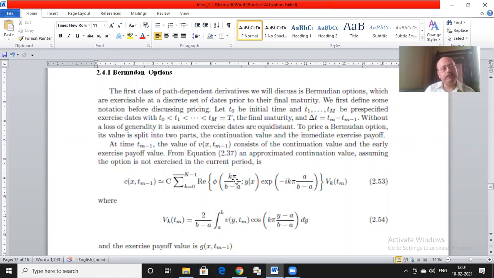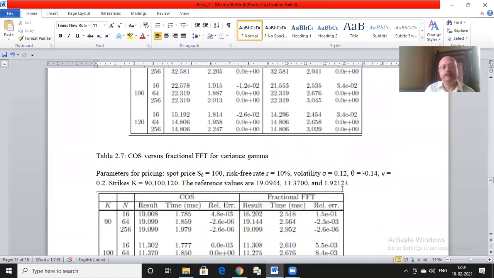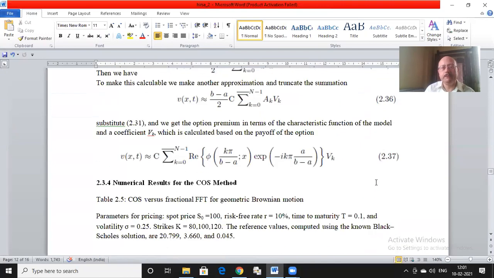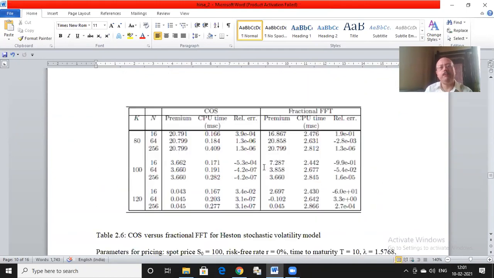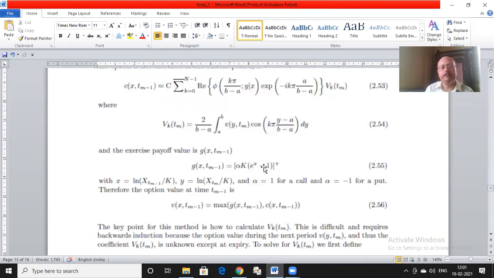So I will have the same formula again. The same formula will of course work in principle, only the VK terms, which were earlier the unconditional ones, starting from the initial part here, will now have to be modified.